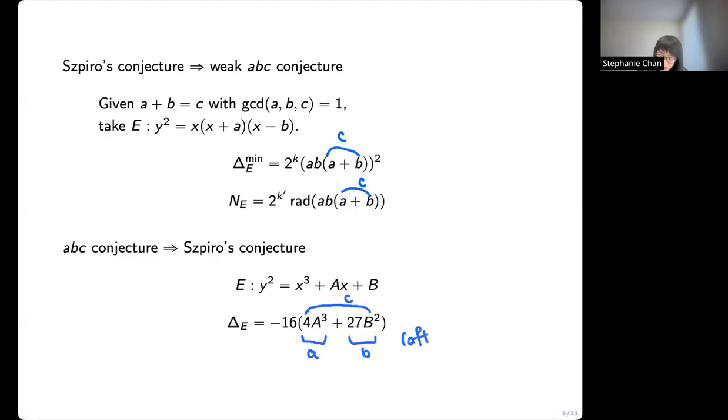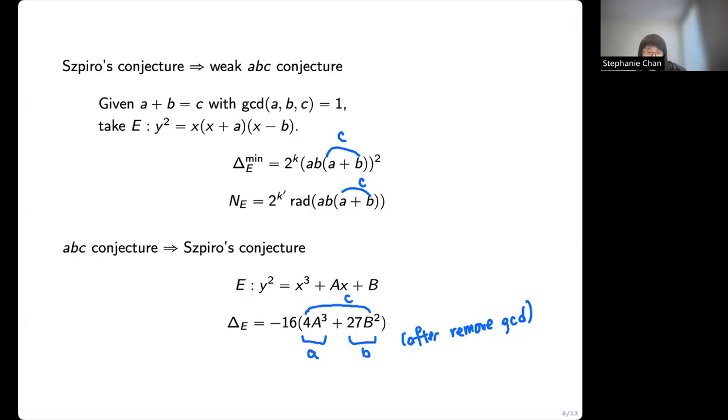So this is after removing any GCD appropriately. Then applying the ABC conjecture on this triple would give you Szpiro's conjecture. So this just shows you that Szpiro's conjecture and the ABC conjecture are very related.